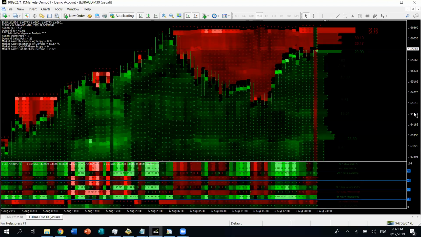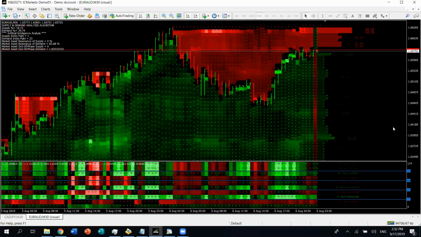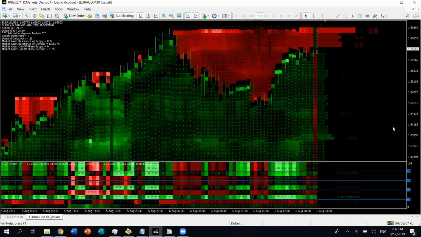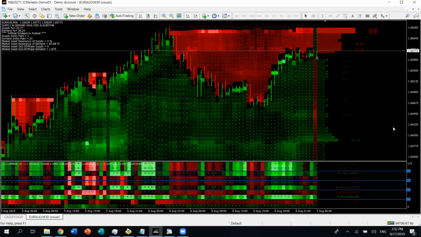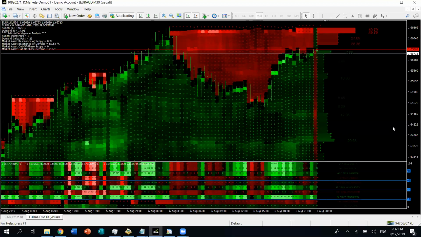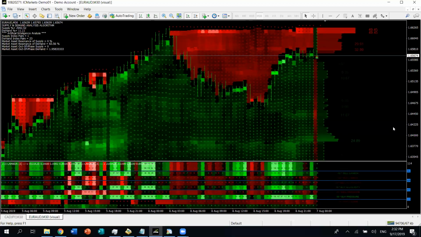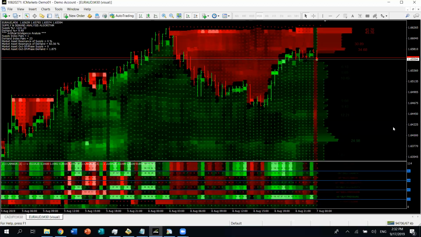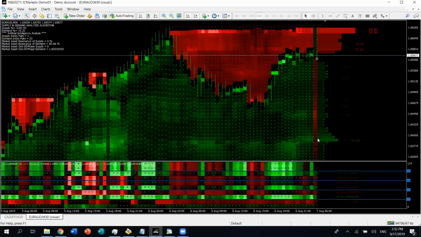We can actually see supply and demand being moved around from one asset to another, depending on how the big institutions and the smart money move their money around to diversify their assets and to go along with their market prediction. So that's really interesting. You see now that they shifted back again, and now they're putting volume here.